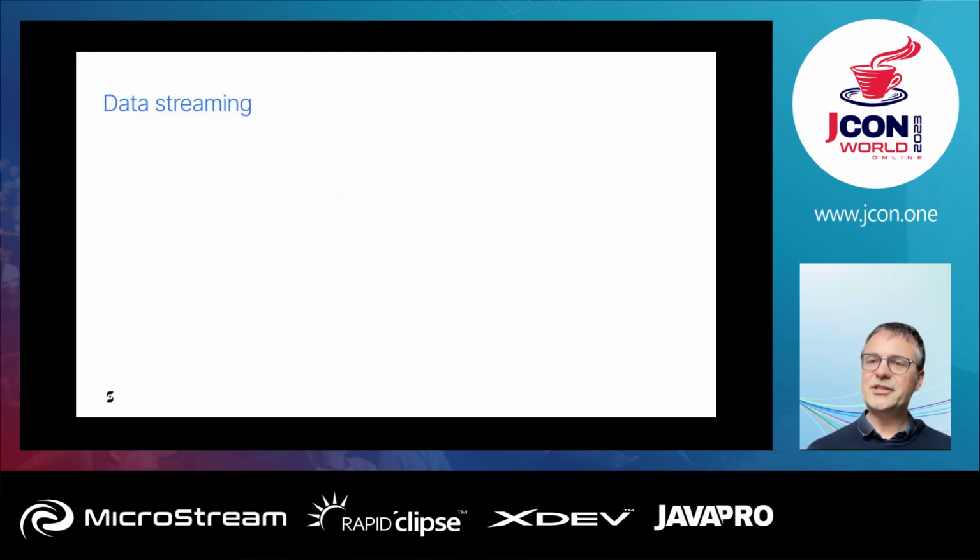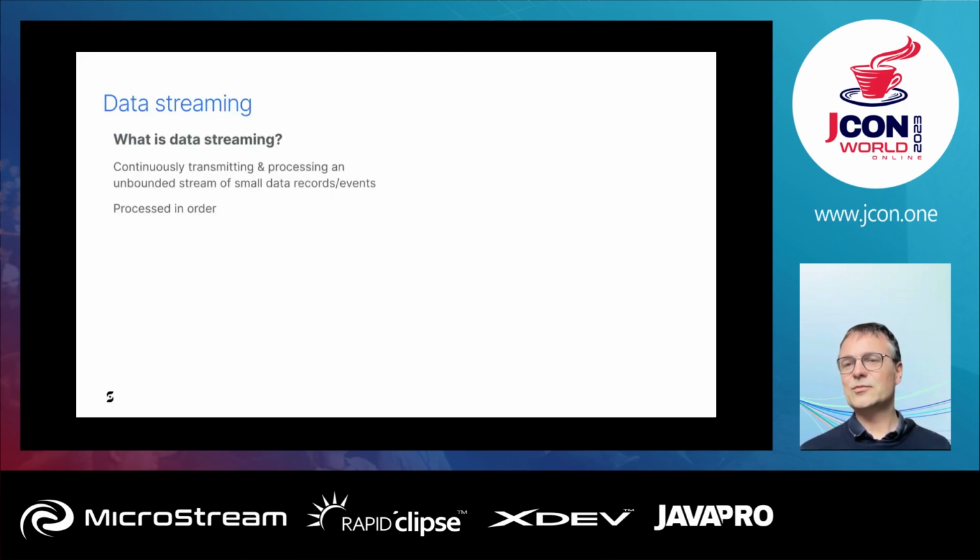So Pulsar is a messaging and streaming platform, but what is data streaming? Data streaming is a process of transmitting data continuously and in real time from a source to a destination, right? The data is sent in small pieces and is processed or analyzed as received. Streaming works best when this data needs to be processed in the right order.